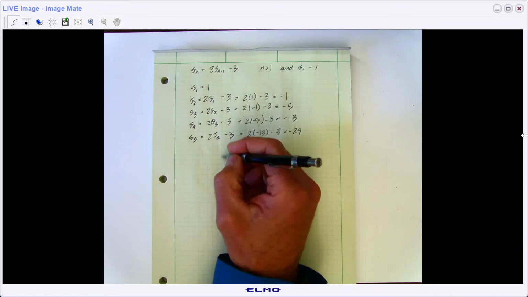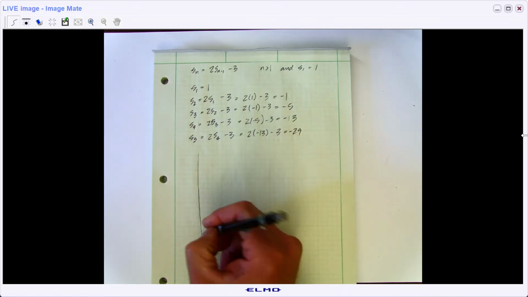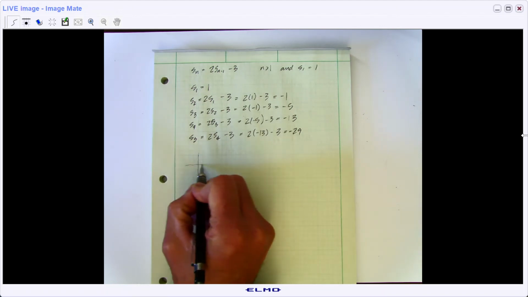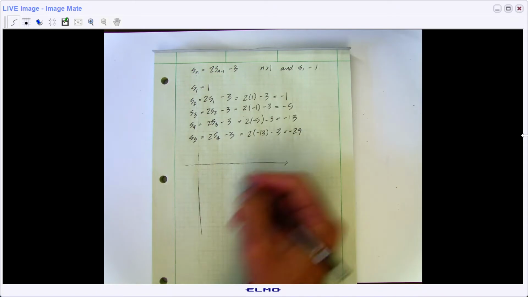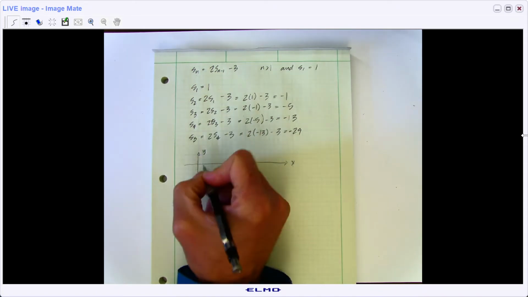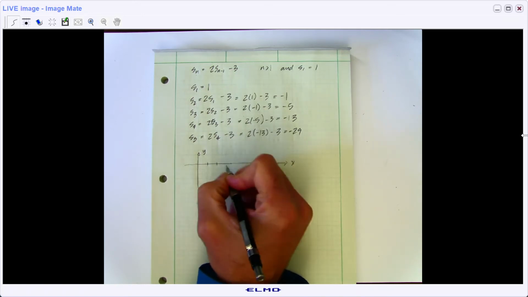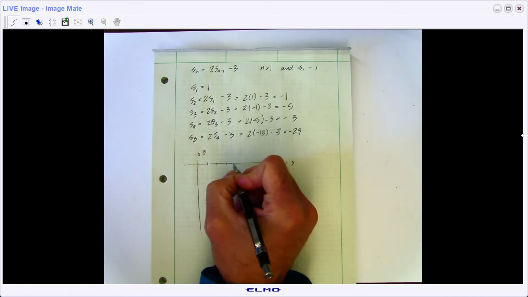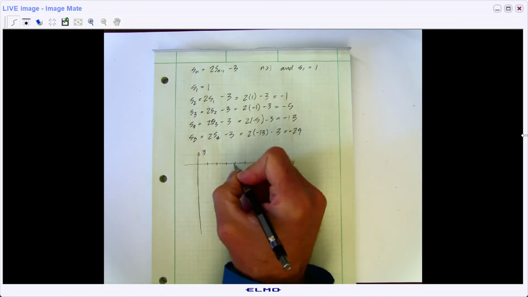So it looks like if I was to graph this, I would probably write my x and y axes like this. I need a lot of negative y, right? Here's x, here's y. Let's see, so I'll do 1, 2, 3, 4, 5.